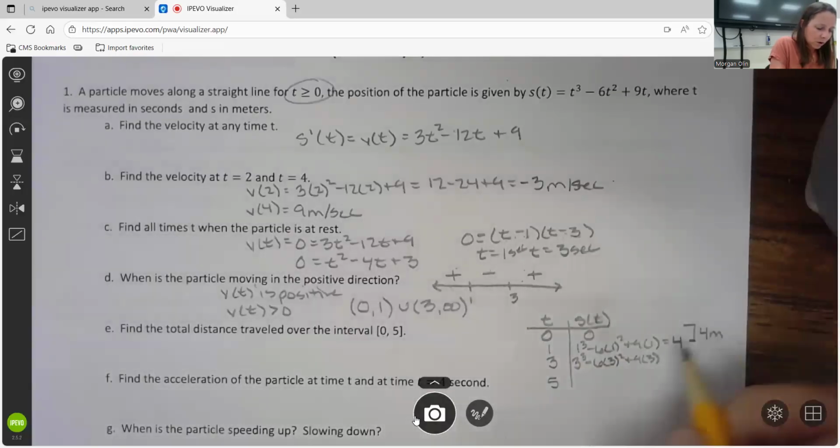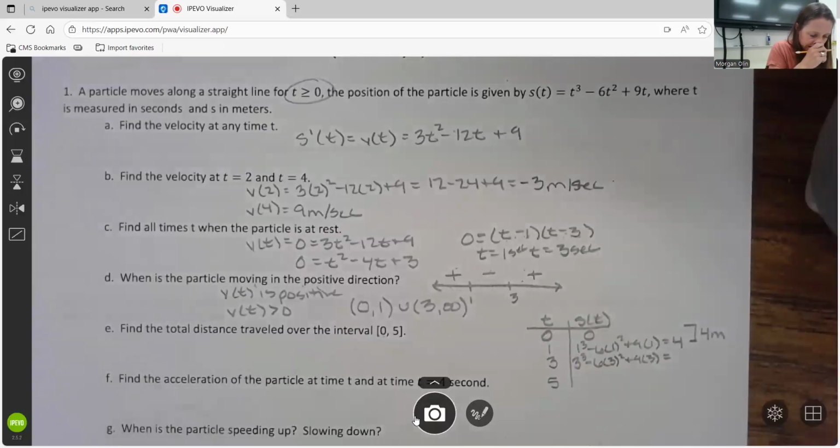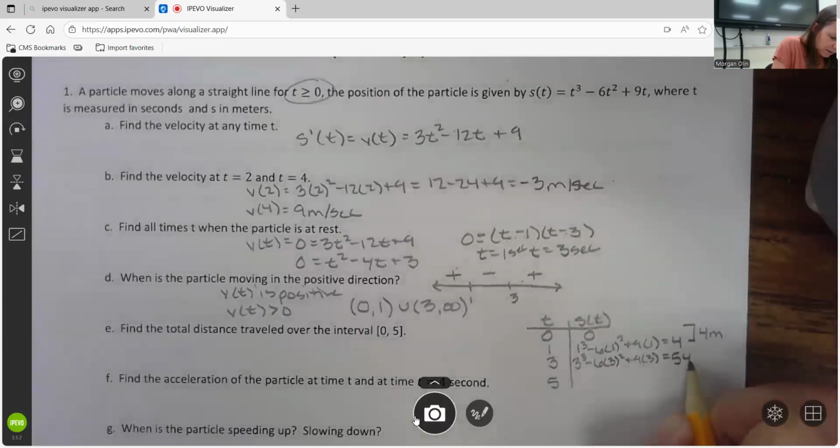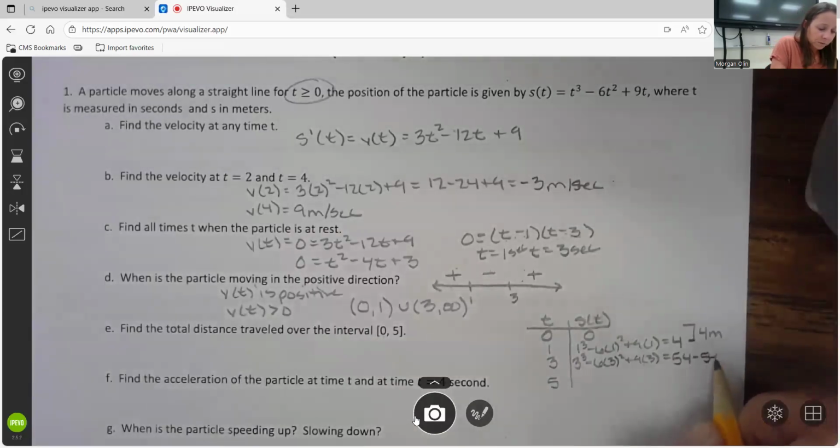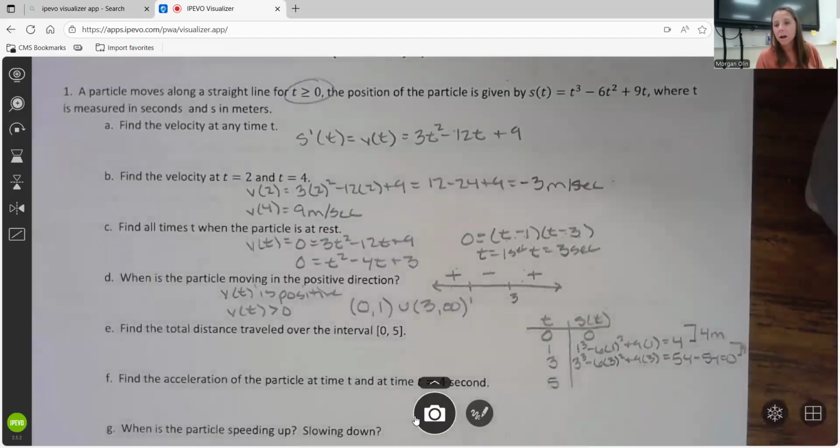This is 27 minus 54 plus 27, so we go back to 0. So we were traveling backwards another 4 meters.